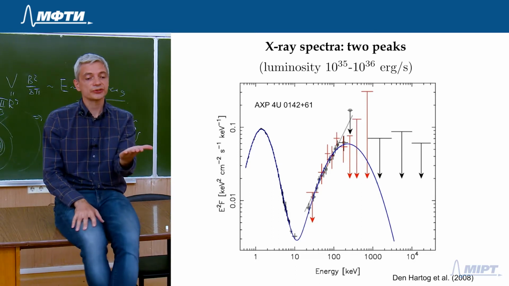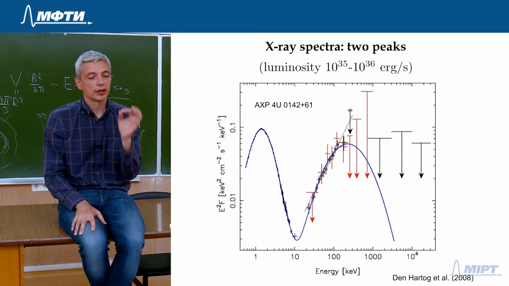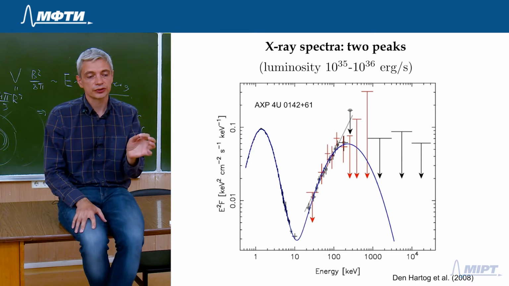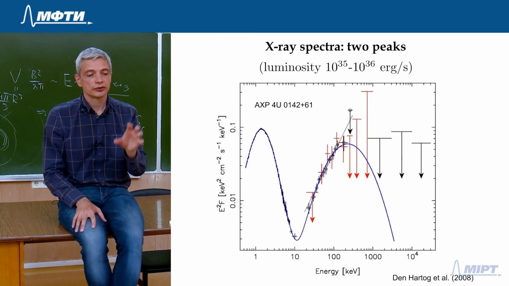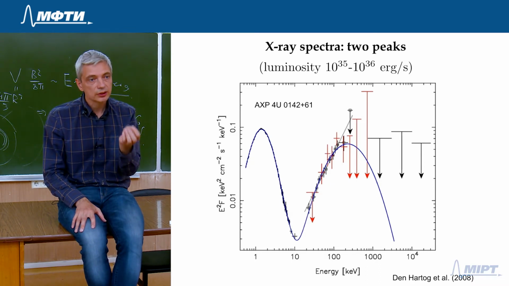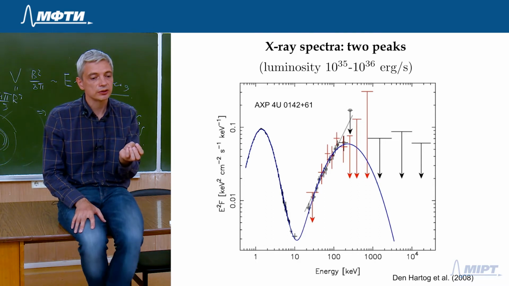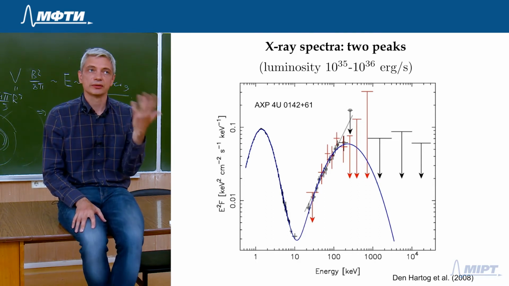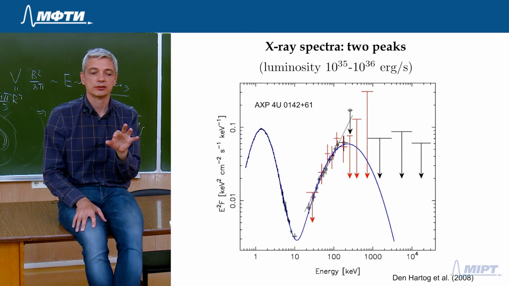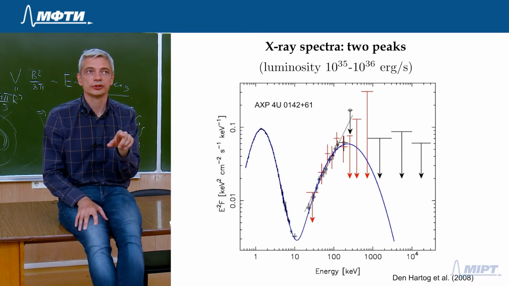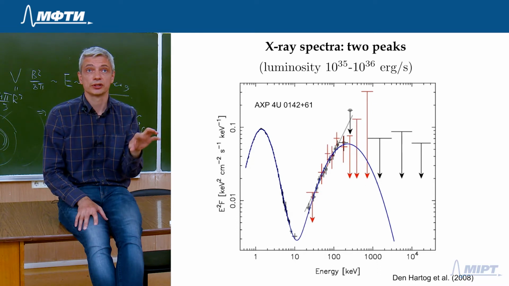So what it tells you is that not only occasional flares can produce this bright magnetospheric emission. Many of these magnetars are persistently bright. They have persistent magnetospheric activity, like the sun. If you like, they have a corona. But unlike the sun, the coronal luminosity exceeds the photospheric surface luminosity.